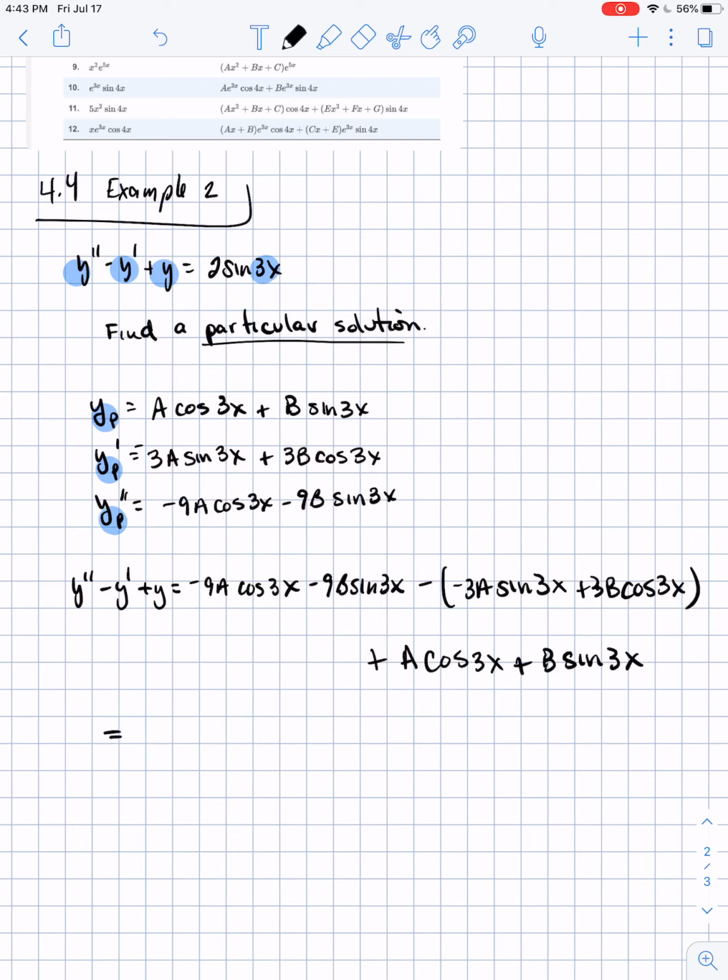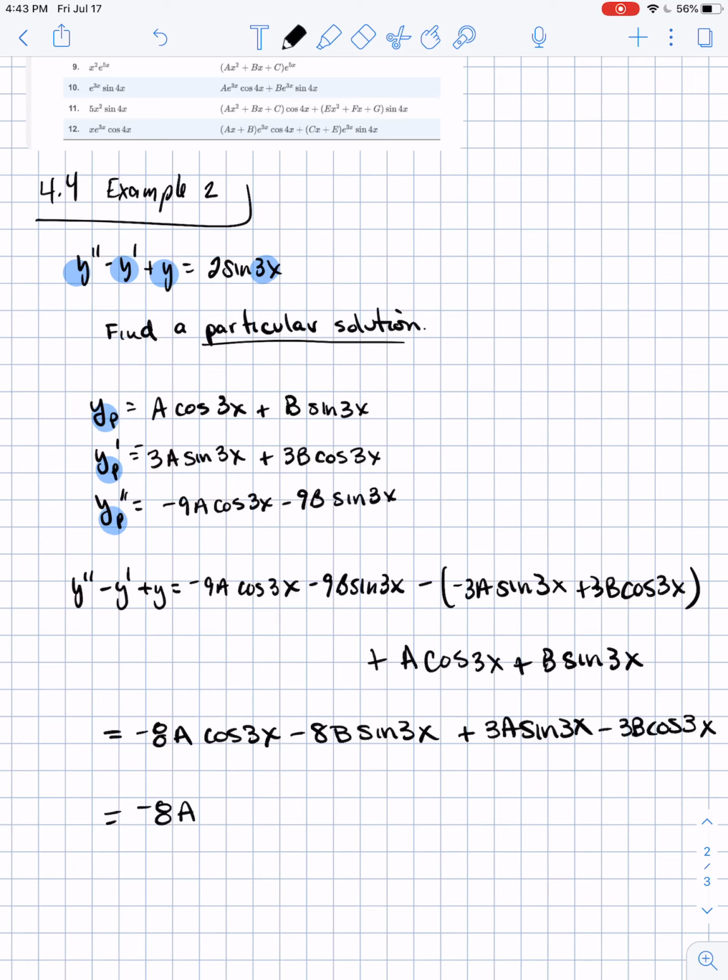So you can see, for a cosine 3x, you have negative 9 and you have an a, so that's going to give me negative 8a cosine 3x minus 8b sine 3x, and then we have plus 3a sine 3x minus 3b cosine 3x. And what I'll do is group things together.